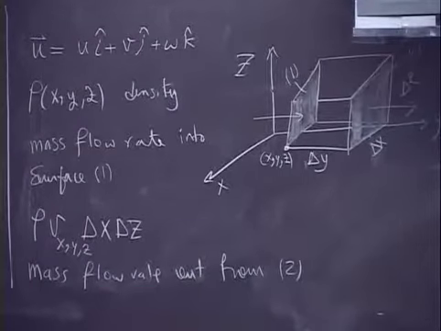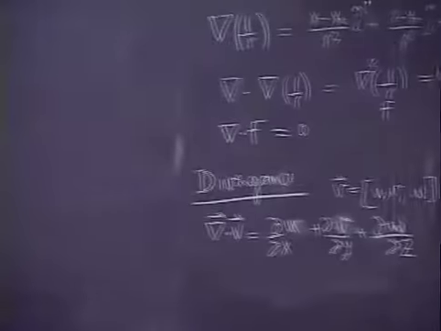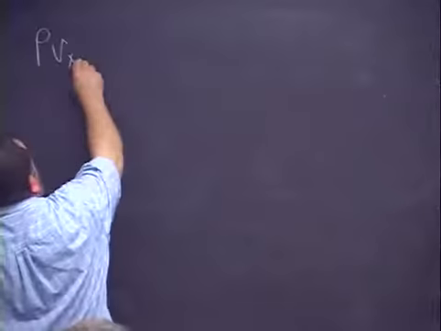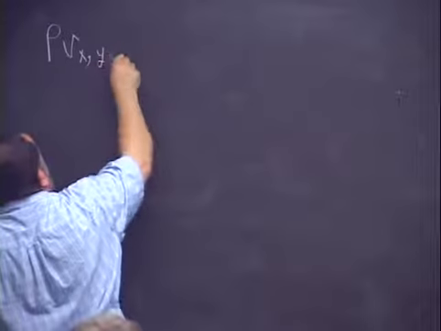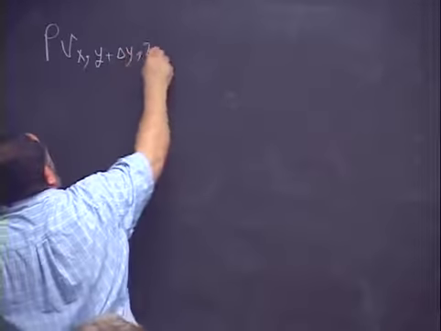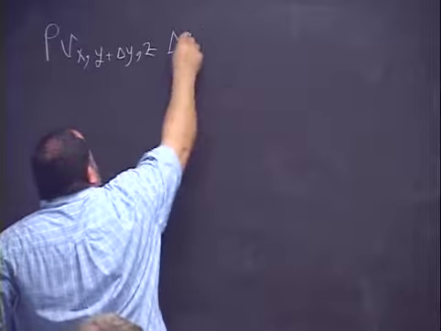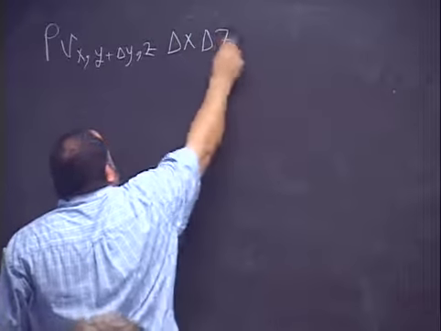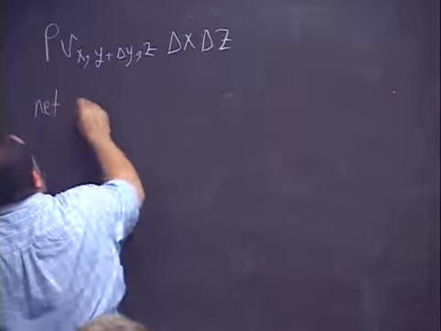We do not move in the x direction, we move in the y direction. So this is y plus delta y, and z multiplied by dx dz.